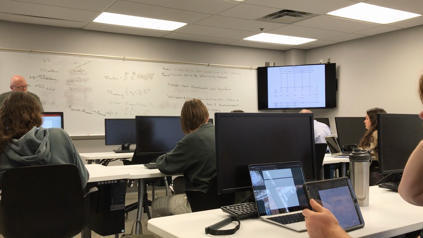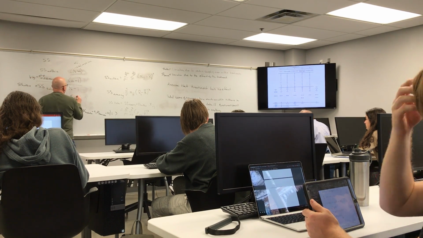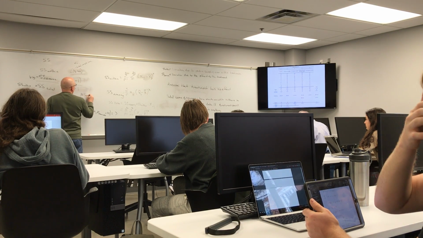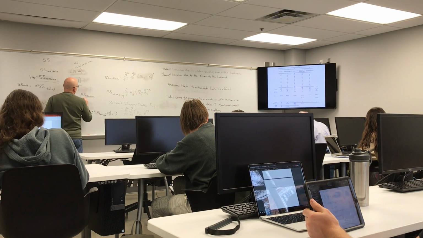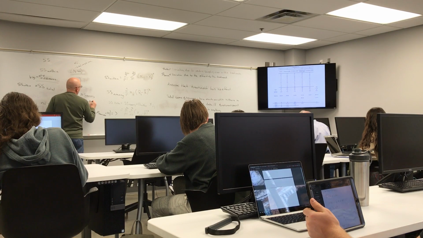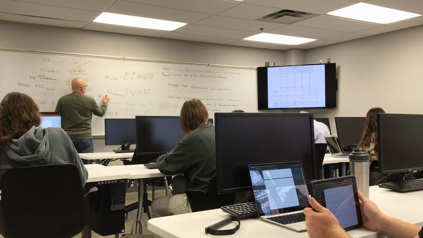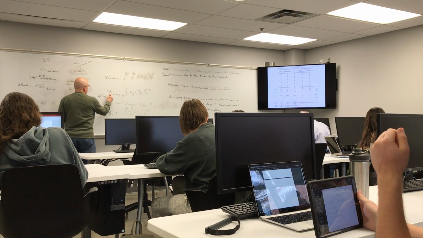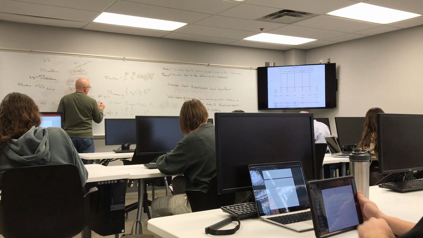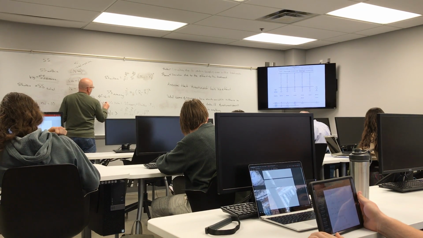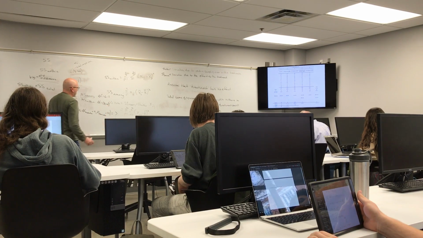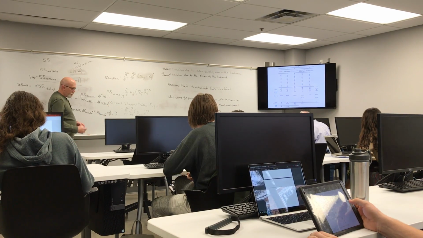So F is mean squared among divided by mean squared within. What are the degrees of freedom associated with the numerator? It's the number of treatments minus 1, and the degrees of freedom of the denominator is the grand total minus the number of treatments, 4 and 45.